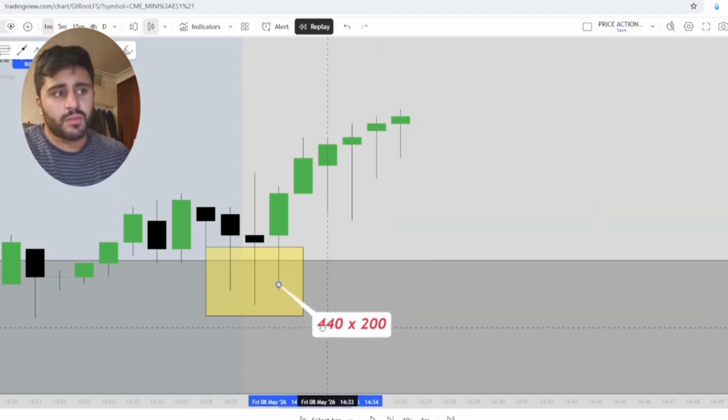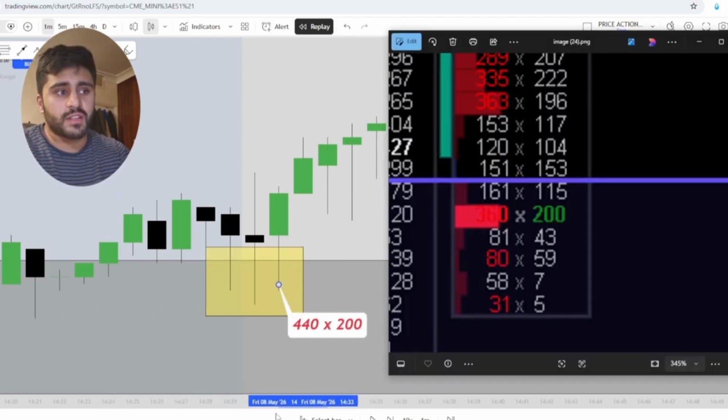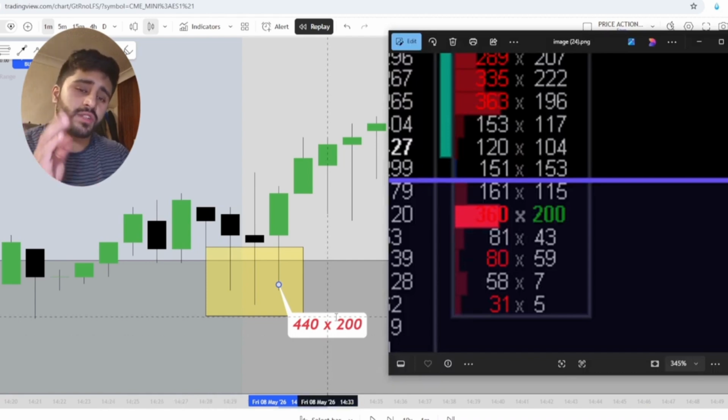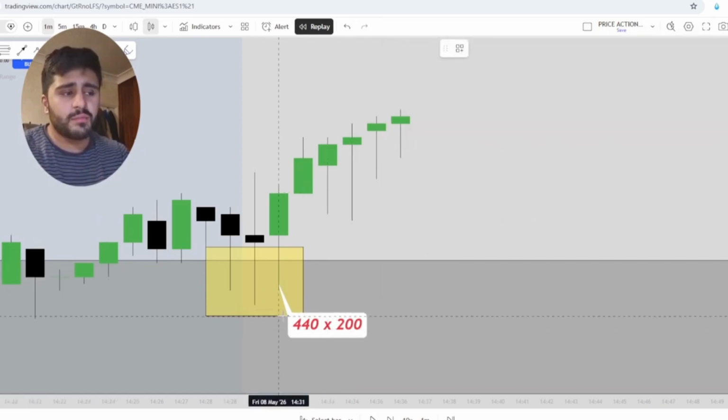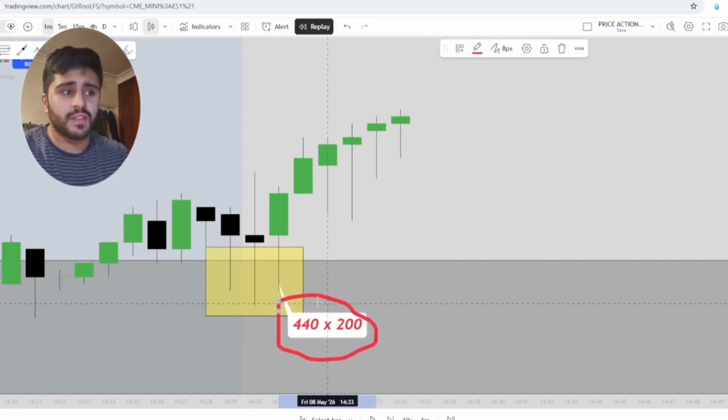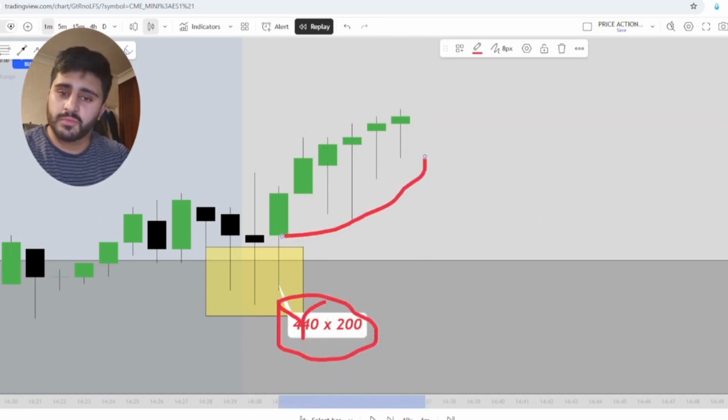So what does this 440 for 200 actually mean? It means there's 440 aggressive sellers and only 200 aggressive buyers. When you see that and you see this big move to the upside, it means all these sellers failed. That's why price moved higher.